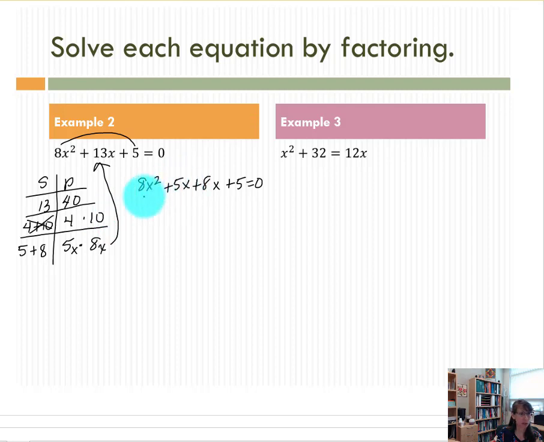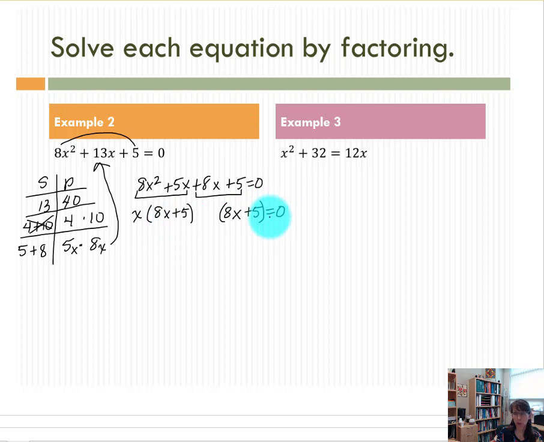Since we have 4 terms, we're using grouping, which really is just greatest common factor. So with our first group, it looks like x is the common factor. That leaves 8x plus 5. So remember, leave a gap, and your other quantity should be an exact match for that first quantity.